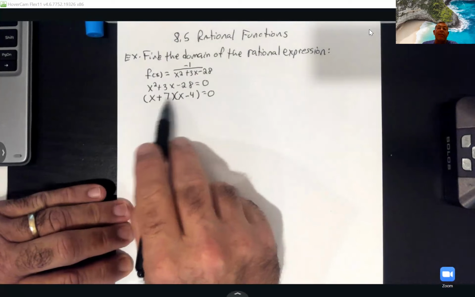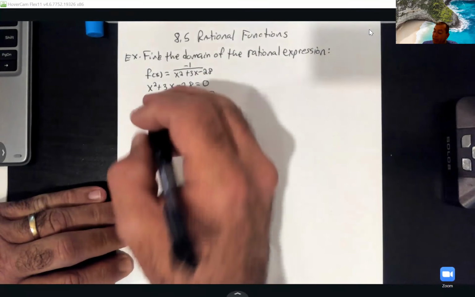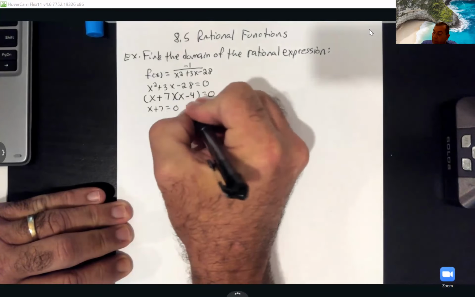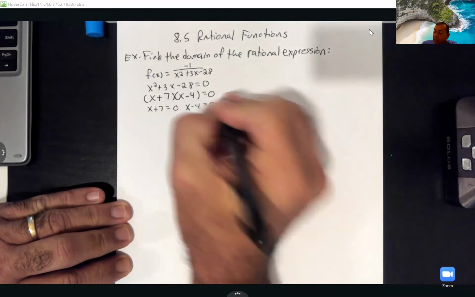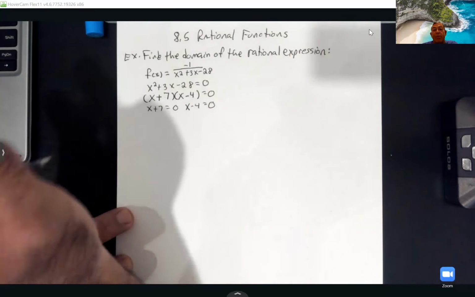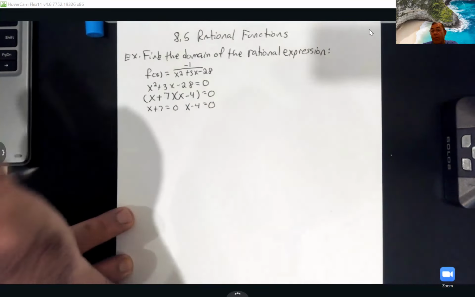And then remember, take each of our factors and set them equal to 0. Once we solve each of these equations, we'll have the two numbers that we need to exclude from our domain. So first I'll subtract 7 and get x is -7. Second one, we'll add 4 and get x is 4.